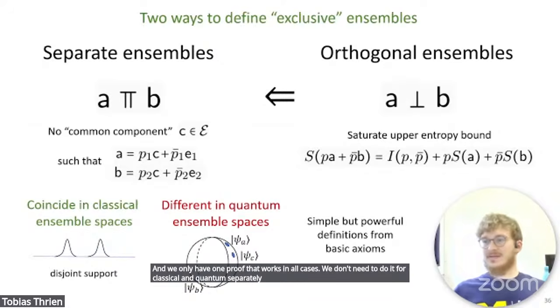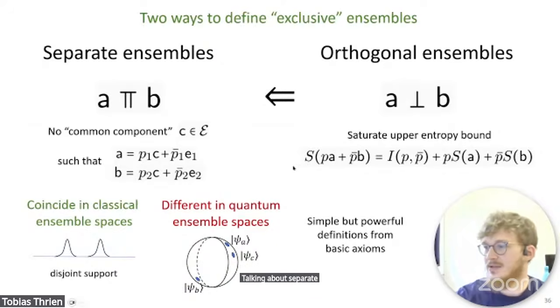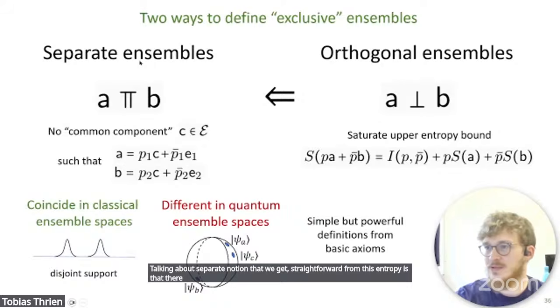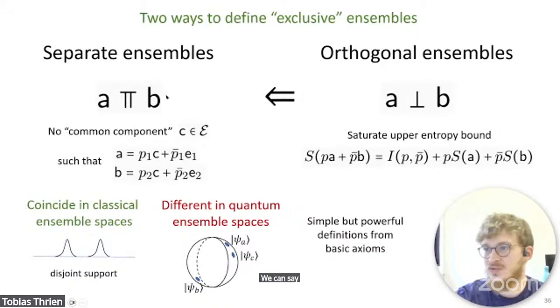Talking about separateness, another interesting notion that we get straightforward from this entropy is that there is a difference between separate ensembles and orthogonal ensembles. What do I mean by that? We can say that 2 ensembles are separate if they don't have a common component.